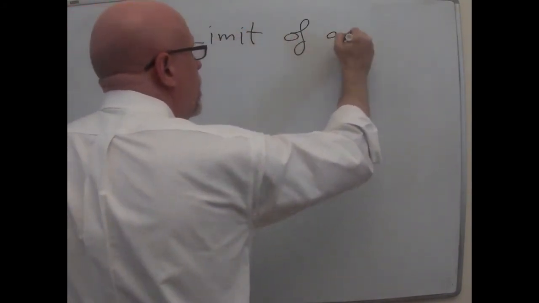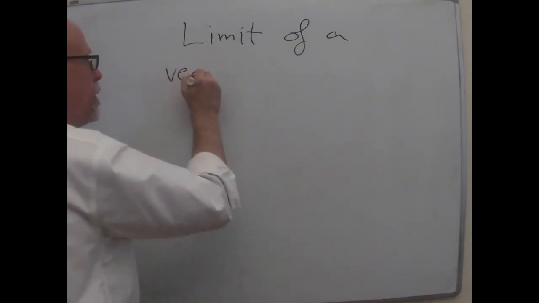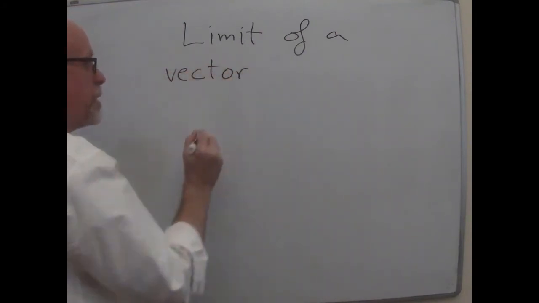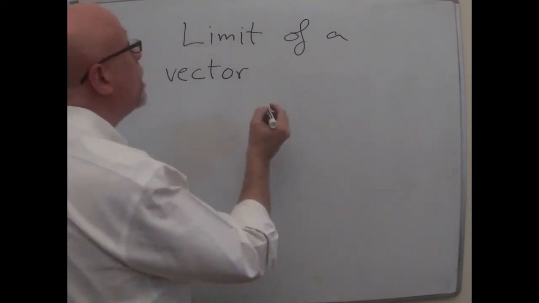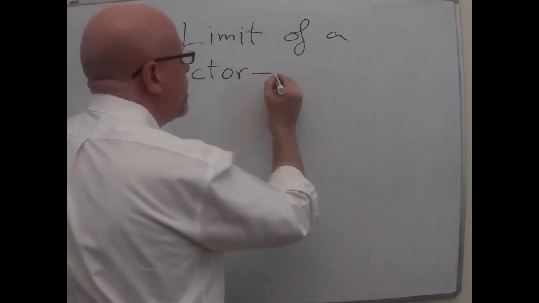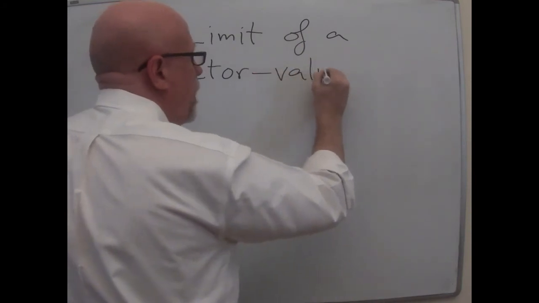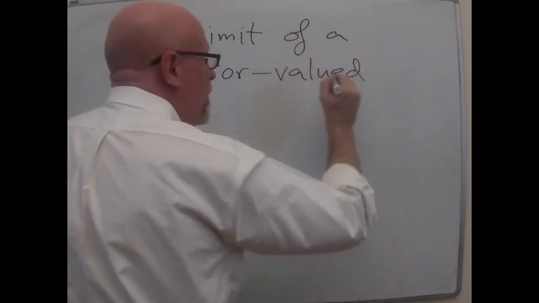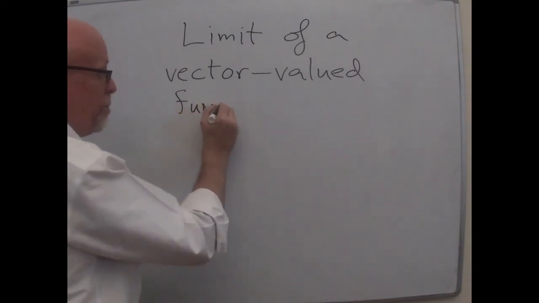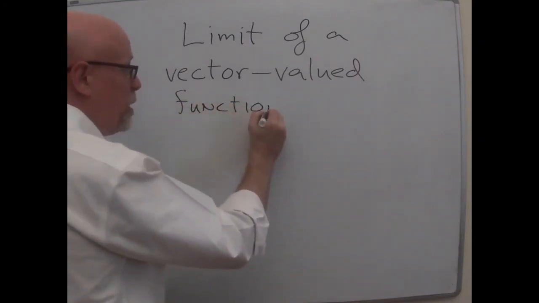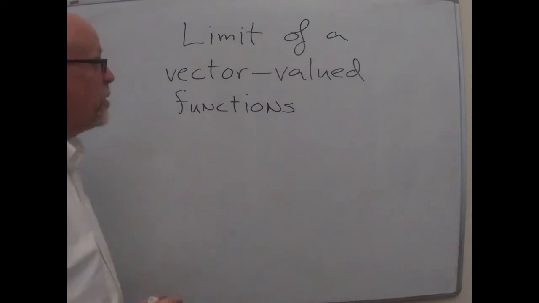Now, the reason this can be a very brief discussion is because you already know how the limits of regular functions work. And the way the limits of vector valued functions work, well, they are sort of the conglomeration of a bunch of regular function limits.